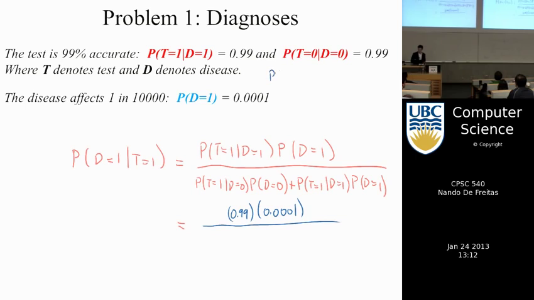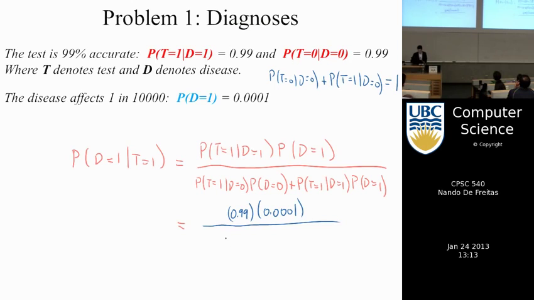We know that P of t equals 0 given d equals 0 plus P of t equals 1 given d equals 0 is equal to 1. The context d equals 0 is being given, and since t can either be 0 or 1, if you sum over the two things that t can be, it has to give you 1. The probabilities have to sum to 1.